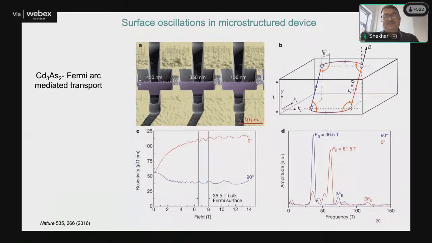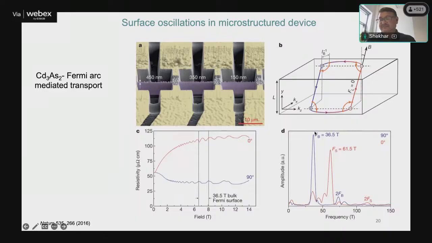And by measuring this oscillation, we can also differentiate which type of carrier, which type of orbit, and what is the origin of this oscillation. But here we have one device again, Cd3As2.